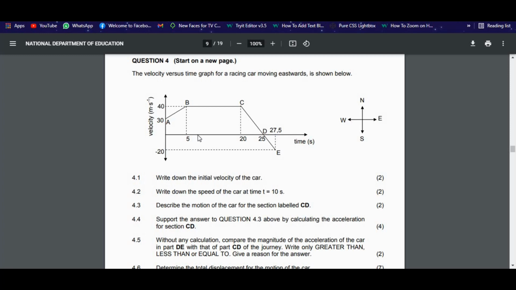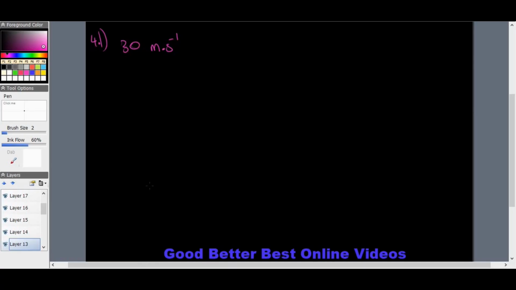Come on, girls. Isn't it 40? Do you mind finishing that answer off in meters per second? Yes! I feel like that's a light at the end of the tunnel. Fantastic. Excellent. Okay, so 4.2, it is 40 meters per second.